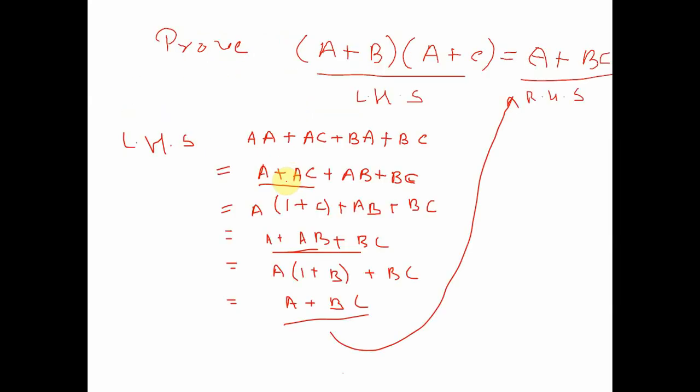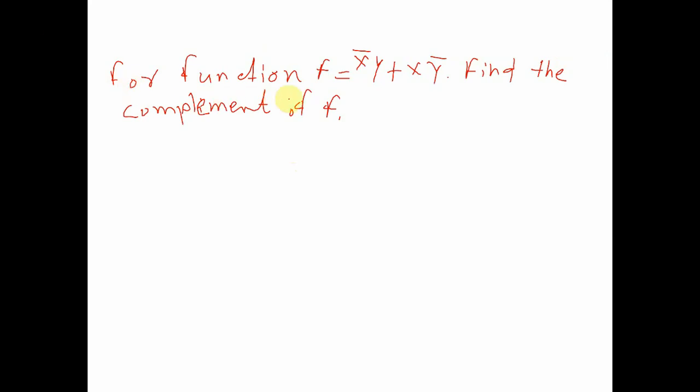Now, I am taking another example: function f is equal to x bar y plus x y bar. Find the complement of f. How to solve these expressions? Taking the complement, f bar is the complement of x bar y plus x y bar. So apply De Morgan's theorem.